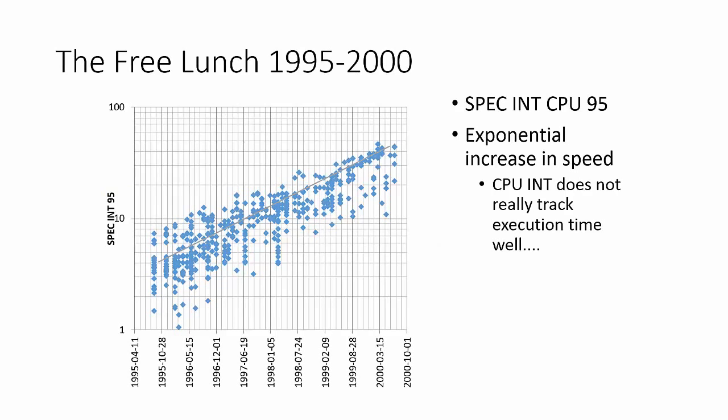This graph shows what I call the free lunch that we had between 1995 and 2000 or so. It shows for the years 1995 to 2000 how performance, in terms of SPEC CPU integer benchmark numbers, improved.